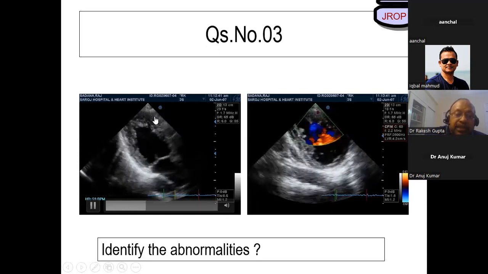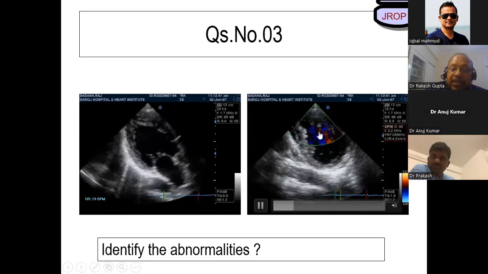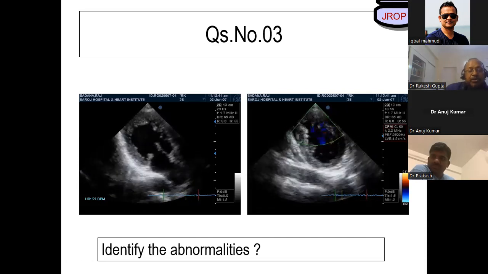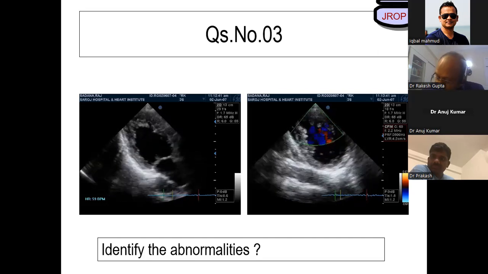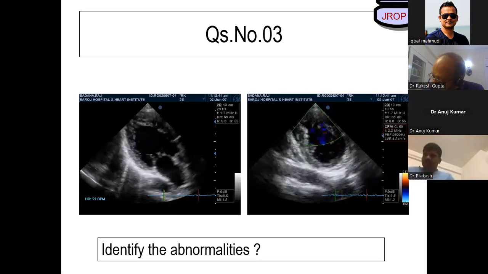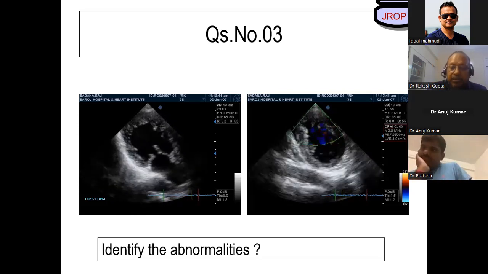Yes, they are non-compacted segments, and they are very clearly seen over here when blood flow is seen in the trabeculations. So it's not hypertrophy. Yes, sir, a classical example. Sorry, sir, I just missed that you said non-compaction. All right, good attempt.